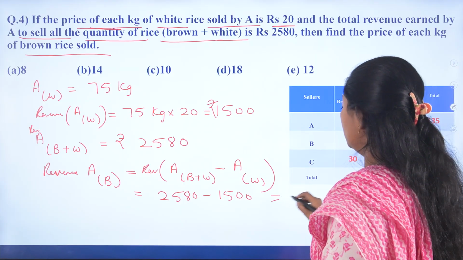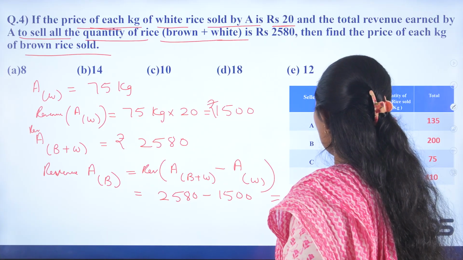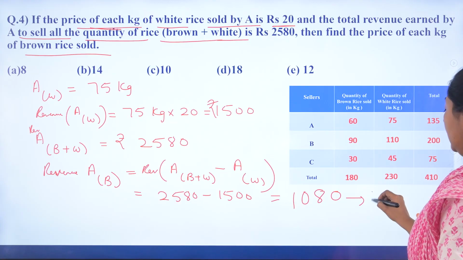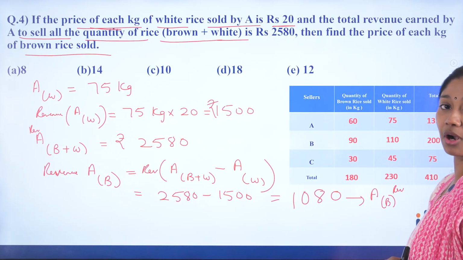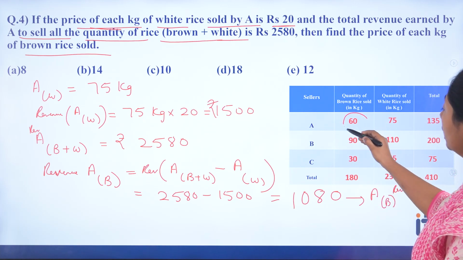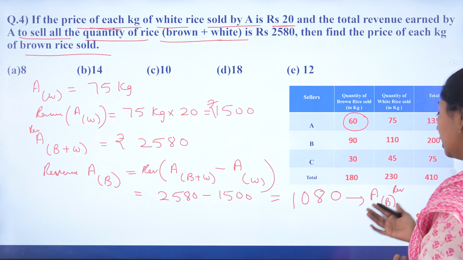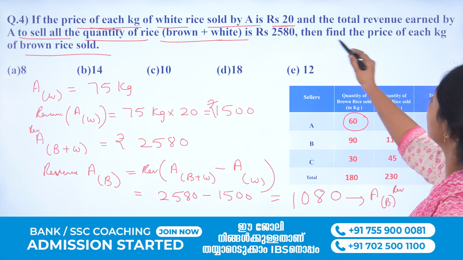That is 1080. That is seller A's brown rice revenue. Seller A's brown rice total, how many kgs have they sold? 60. From this 60 kg we generate this much revenue. Then 1 kg we can easily find out. That's what they have asked.